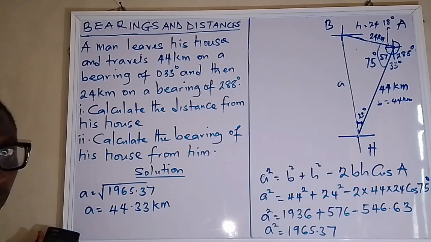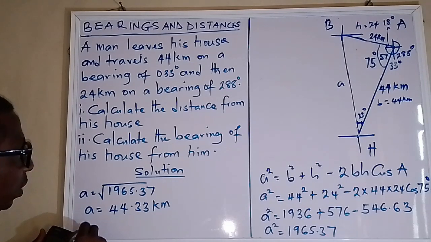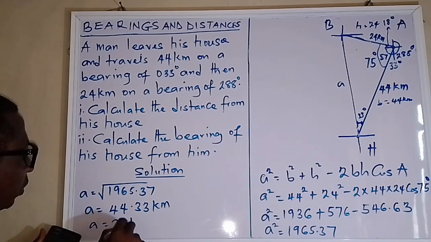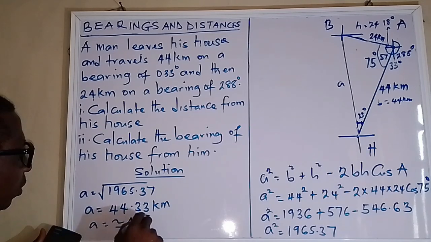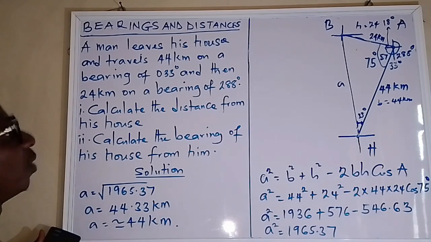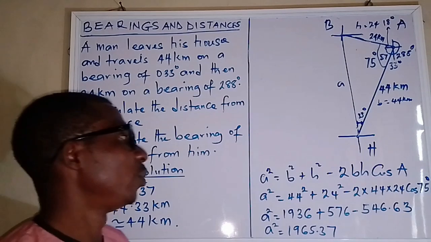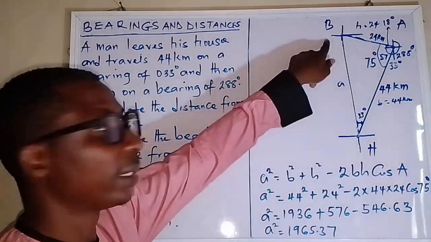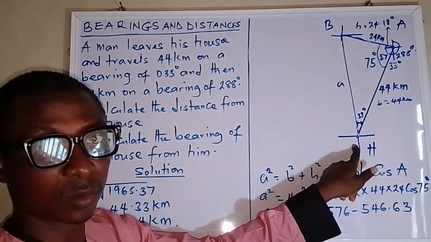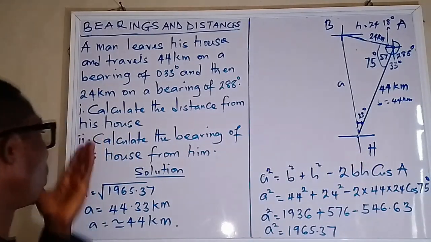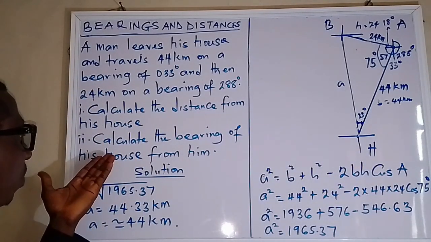So to the nearest whole number, A will be 44 kilometers. Okay, so that is the distance between the man and his house. That's the first part of the question. Now let's do the second part of the question.